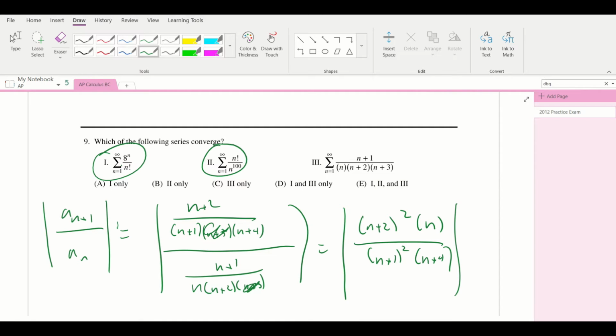Now I can cheese it and say since 1 and 2 both work, the only solution that contains both of them is E. Alright.